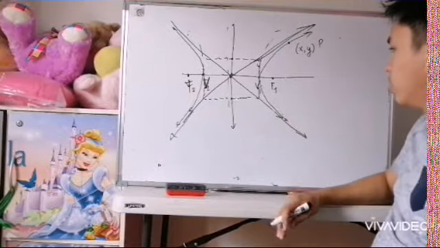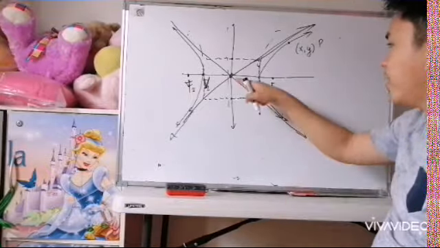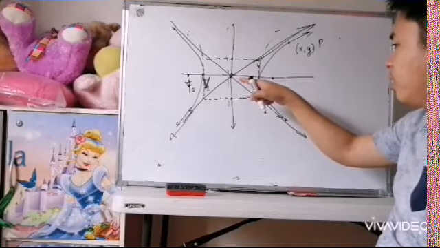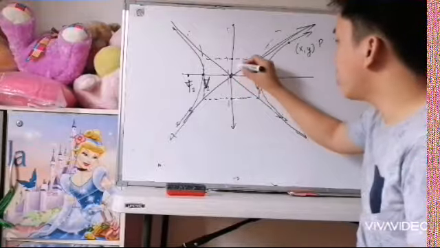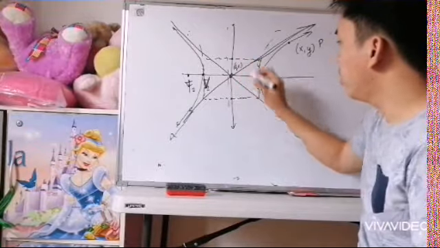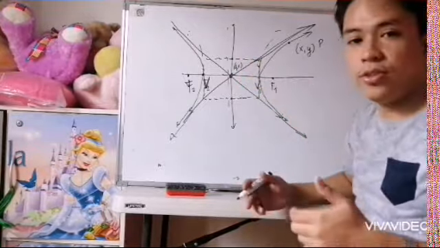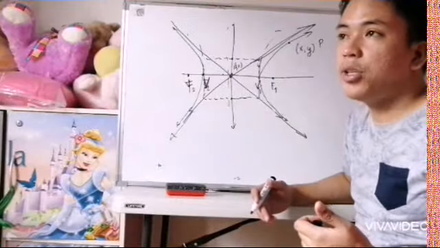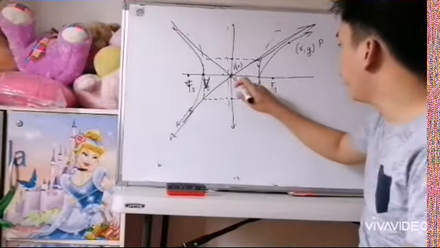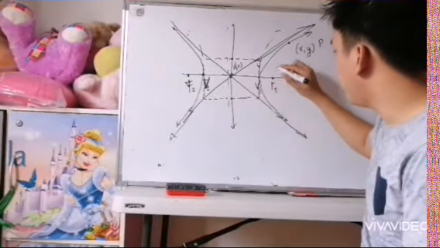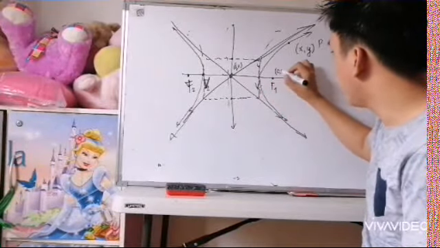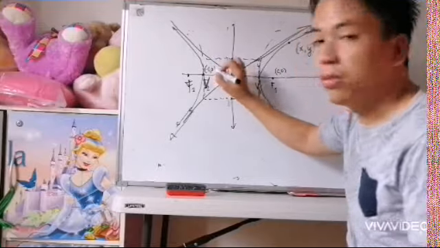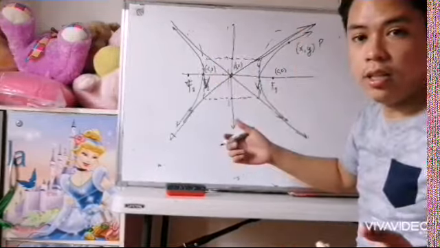Observe that if my center is at the origin 0, 0, again, the distance from the center to one of the foci is actually measured as c. So therefore, if from here is measured as c, then this point is (c, 0), and this point is (-c, 0). Get it? Okay.